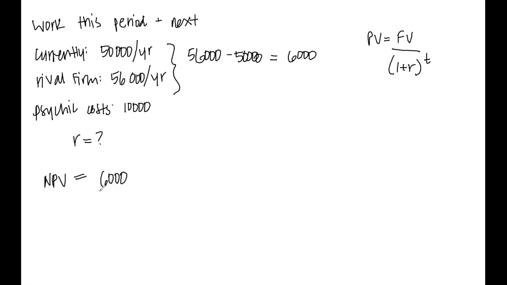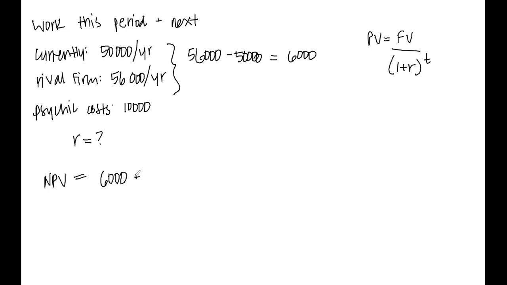If you wanted to really use the whole equation, what you could do is 6,000 over 1 plus r to the 0, because a t of 0 is currently. When anything's raised to the 0 power, this turns into 1, so it'd just go back to 6,000. But if you wanted to think of it in terms of the equation, you can do it that way. But I usually just write 6,000 since it's this period, and I know it doesn't need to be discounted at all.